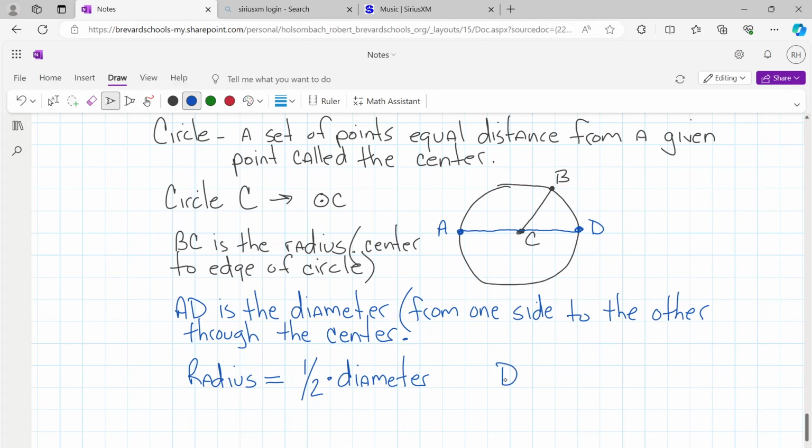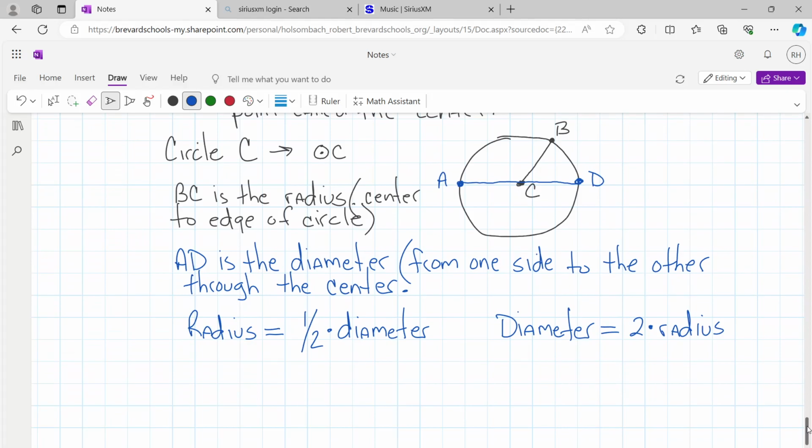The diameter is always equal to 2 times the radius. All right, diameter goes all the way across the circle through the center. Radius goes from the center of the circle to the edge of the circle. The radius is half the length of the diameter, and the diameter is always twice the length of the radius.